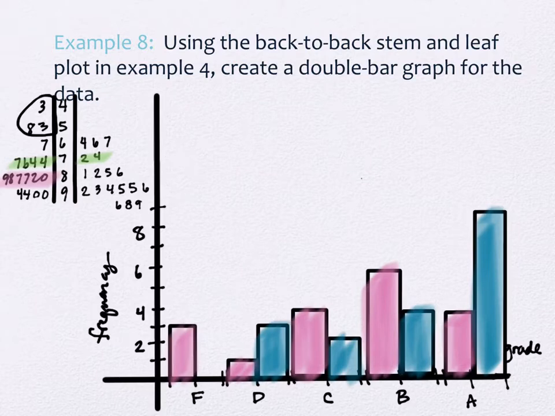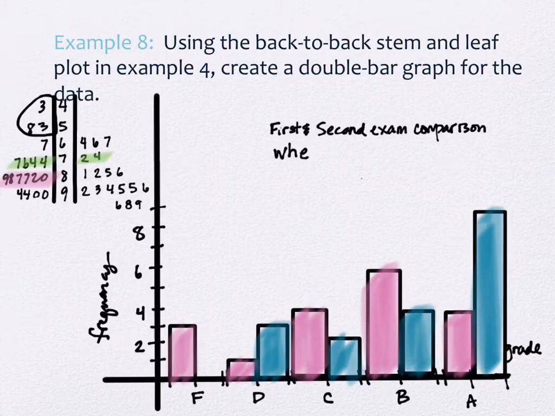And this is typically how you see them drawn when someone does them in the media to represent data like this. When we're writing our labeling or title for this, we talk about this being the first and second exam scores, or first and second exam comparison if you wish. And we want to specify what the colors mean, where each of these boxes with the colors filled in represents something.